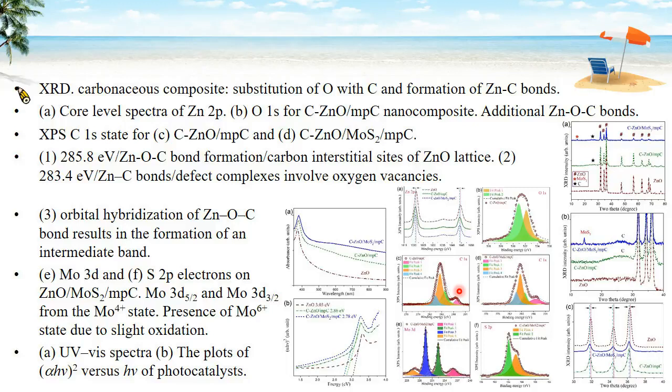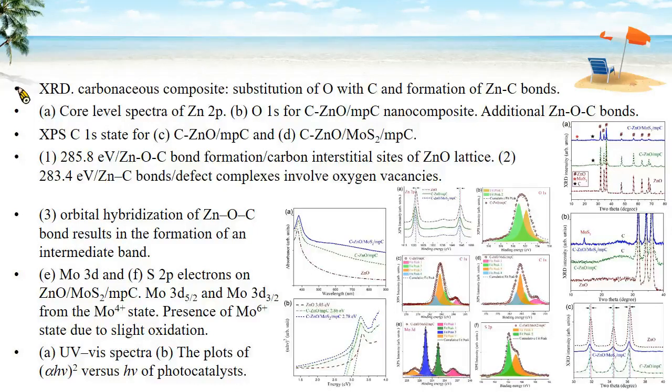It means the carbon was in the interstitial sites. There's another peak at 283 electron volts, which is associated with the Zn-C bonds. This is the defect complex involving oxygen vacancies. Our X-ray diffraction also suggests that possible Zn-C formation exists.